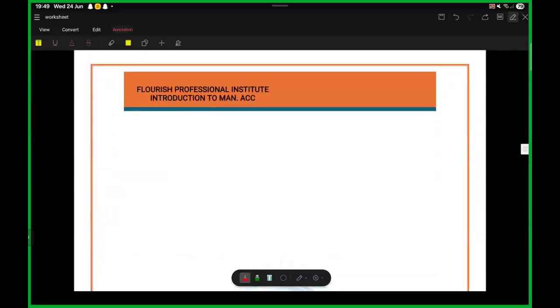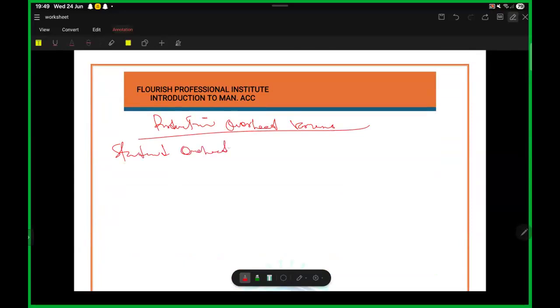Then we come to the production overheads. So production overhead variance. Here it is the same: your standard production overhead minus your actual production overhead.